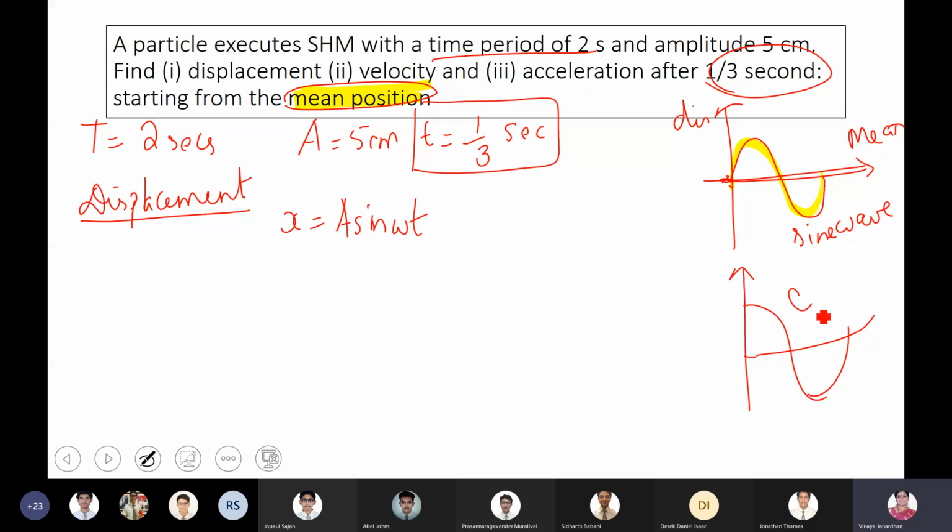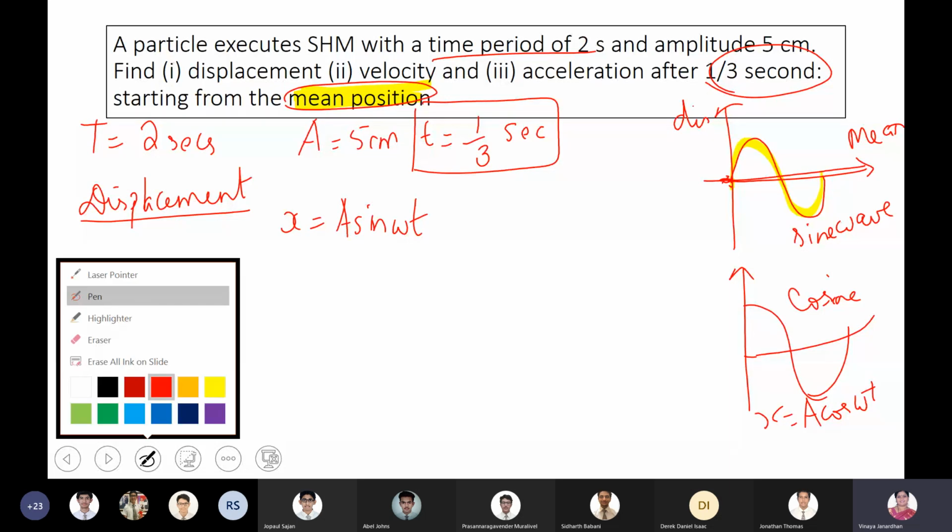So this is a cos graph, your cosine graph. Which means your equation should be represented in terms of cos function. So here it becomes x is equal to a cos omega t. Are you clear, boys? If the body starts from extreme position, then x is equal to a cos omega t.